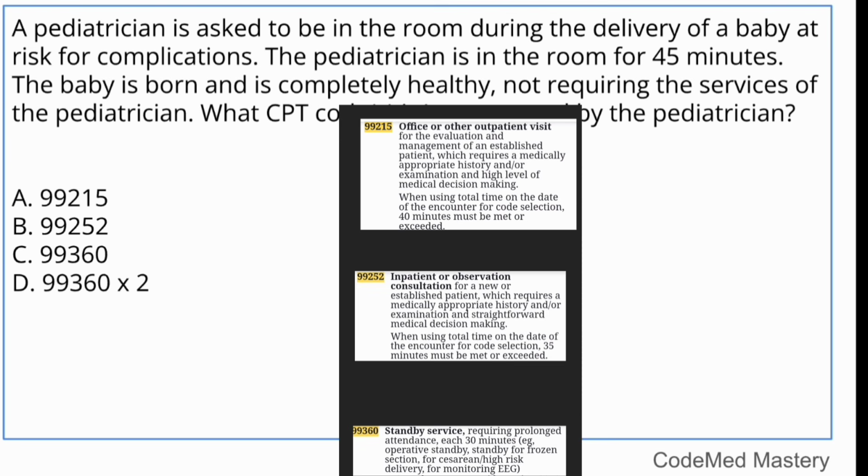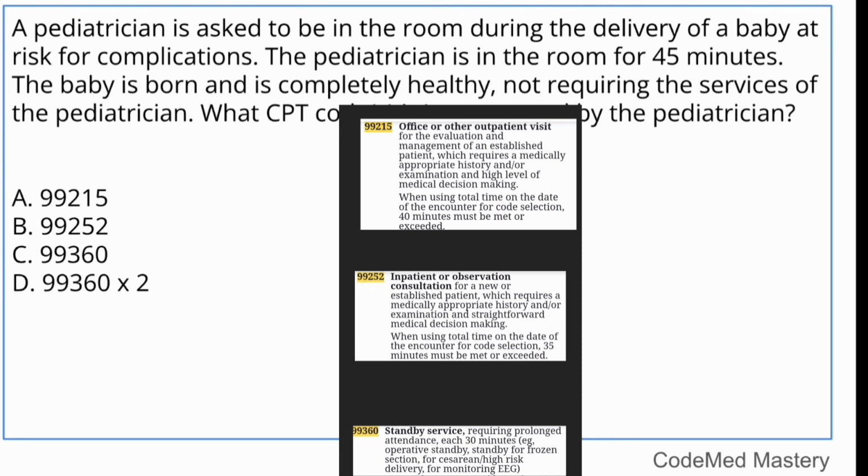And when using total time on the date of the encounter for code selection, 40 minutes must be met or exceeded. Check option B, 99252. 99252 is for inpatient or observation consultation for a new or established patient which requires a medically appropriate history or exam and straightforward MDM. And the time is 35 minutes must be met or exceeded.